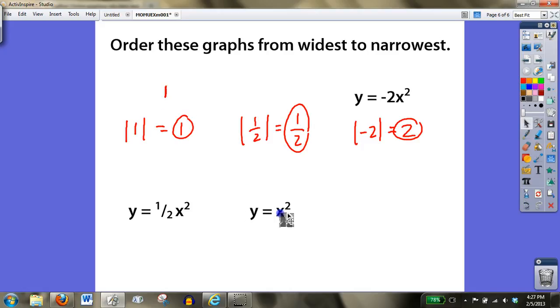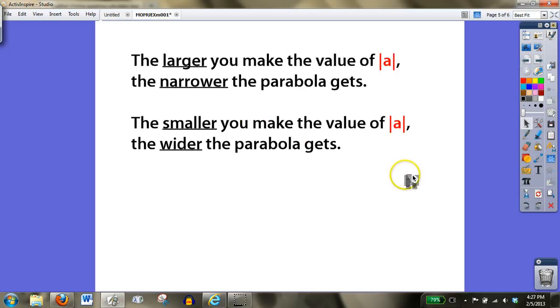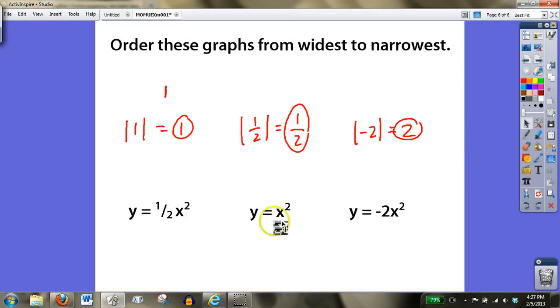It has an absolute value of 1, and then this would be third. This would be the most narrow graph with absolute value of 2. So even without graphing, knowing these rules here, I can figure out which ones are the more narrow parabolas versus the wider parabolas and order things accordingly.